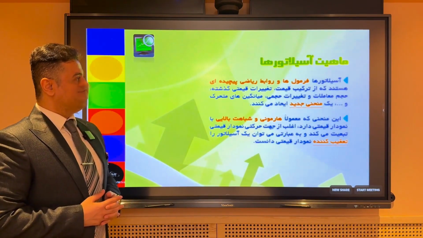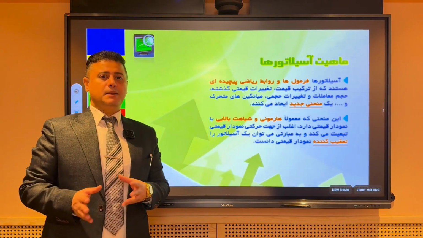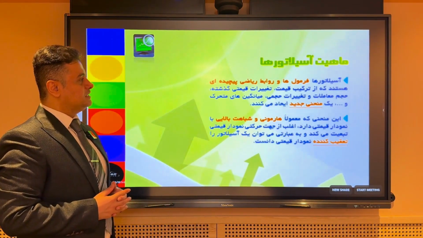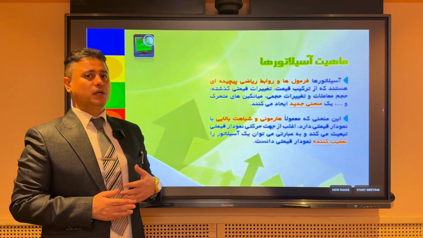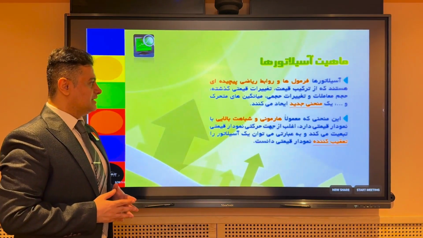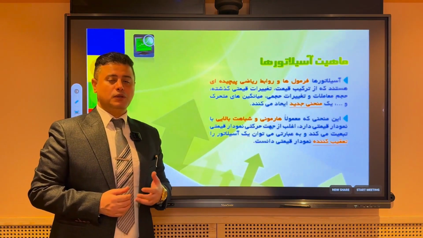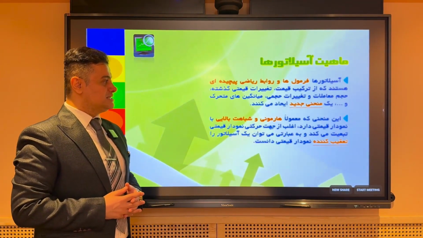You see, oscillators are generally derived from mathematical formulas, a series of mathematical discussions that show how we can deduce a price based on past price changes, how we can understand it with respect to trading volume and volume changes, and how we can construct them using moving averages and many other mathematical relationships.